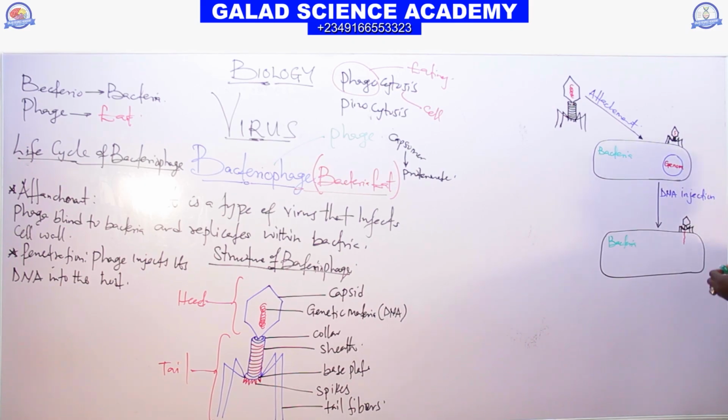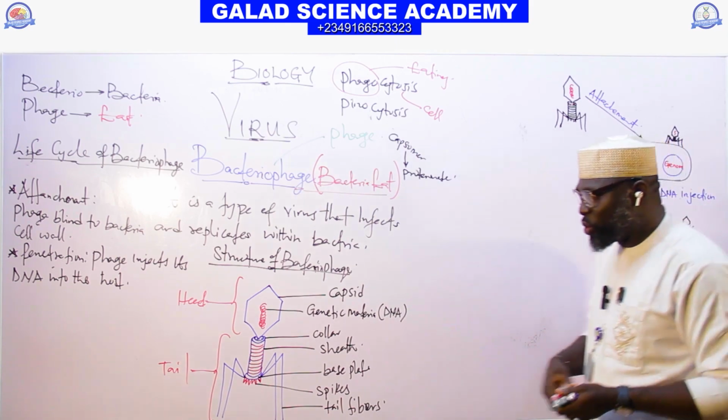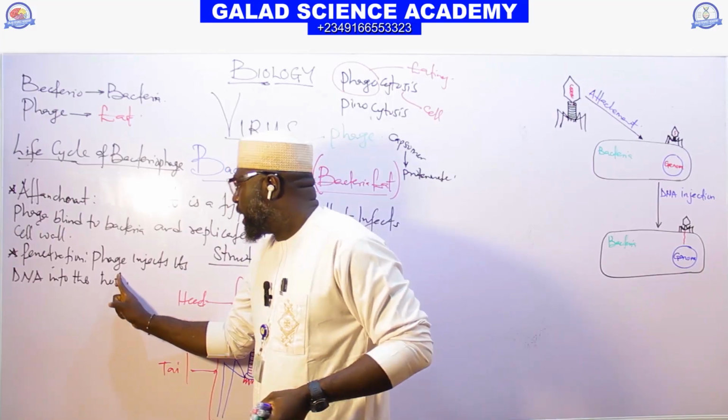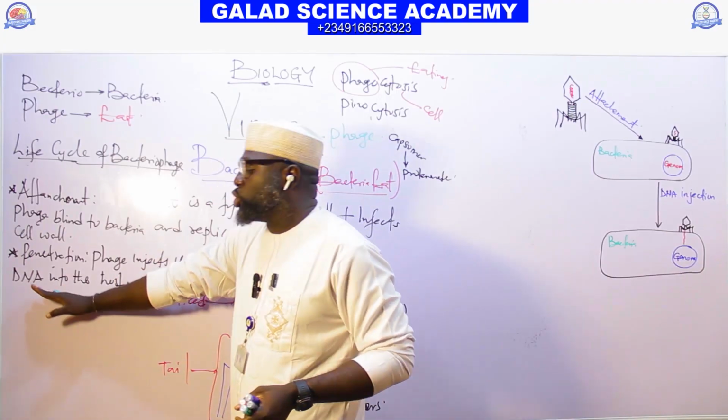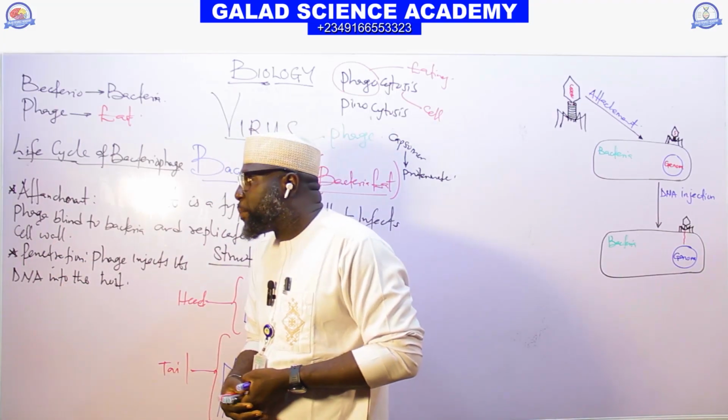When it injects it into the cell, the target is to take over the genetic material of the bacteria genome and make use of it. So that is penetration: the phage injects its DNA into the host. What happened after that?